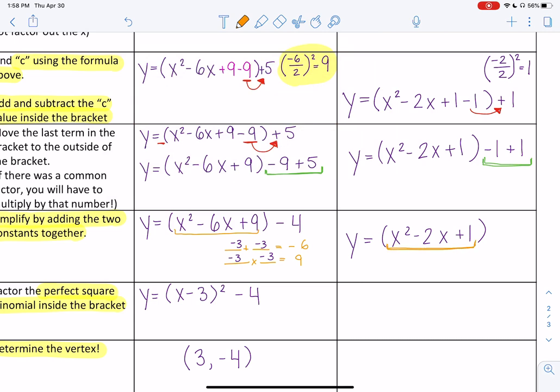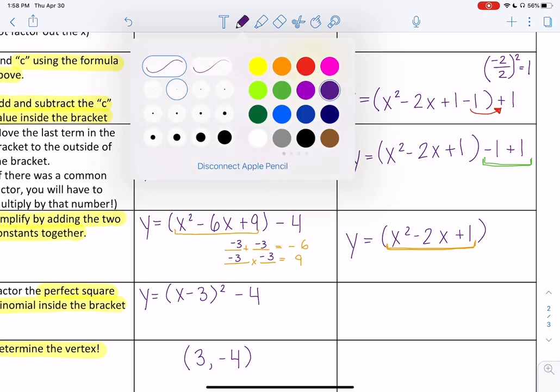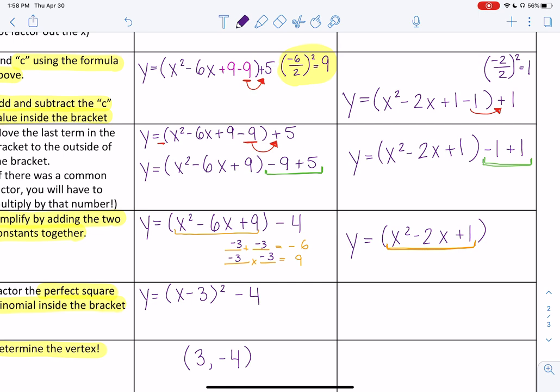Because of how we've set it up, it is a perfect square trinomial, but if you need to go through all the steps of factoring, that's absolutely okay. If we factor like a perfect square trinomial, we'll have x minus 1 all squared. And now I can determine my vertex. My x is my h with the sign switched, and my k is my y value.